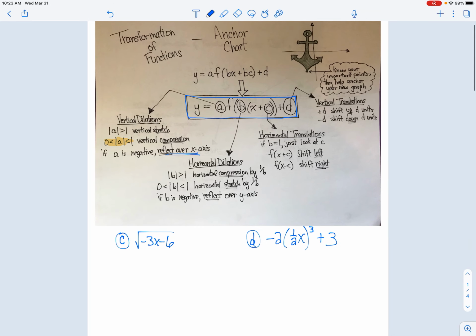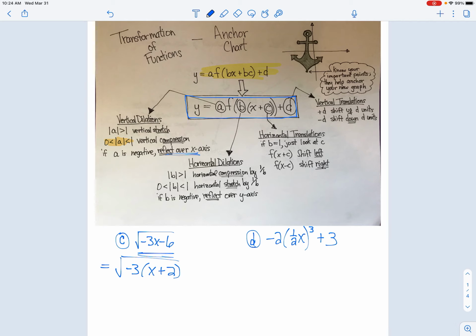Now this one corresponds up here to a function that has a common factor that needs to be factored out. So let's tease that out. I'm going to rewrite it here. I'm going to factor out a negative 3. So that's negative 3, and then that would be (x plus 2). Let's look at it that way.